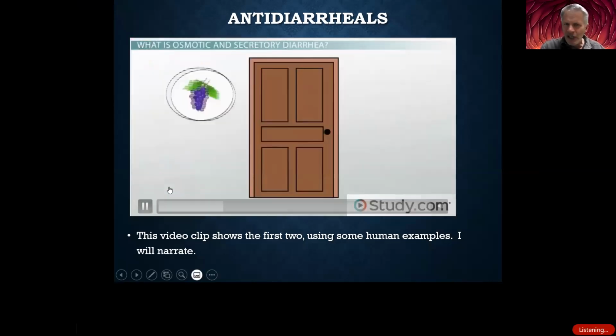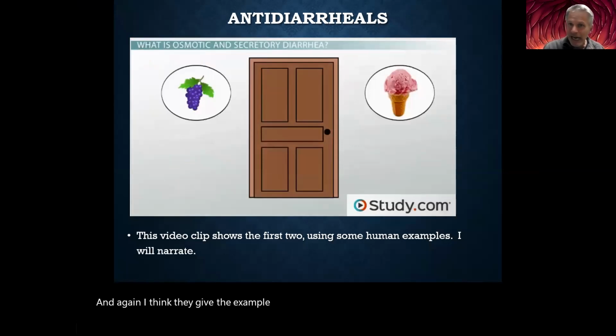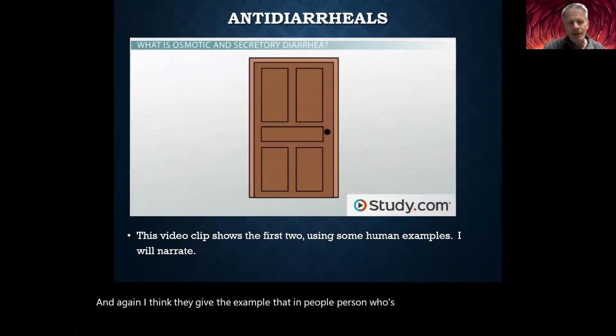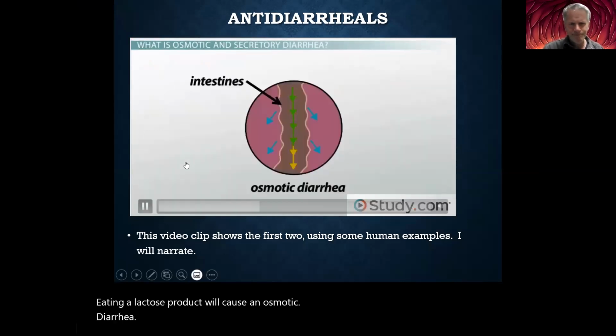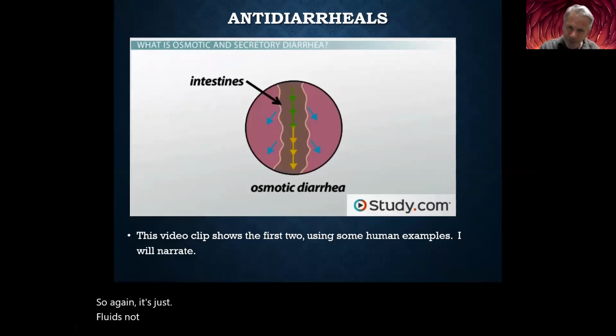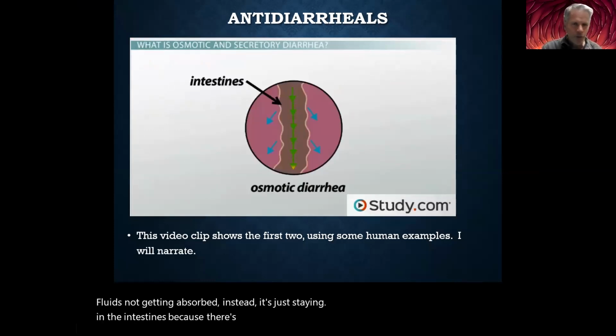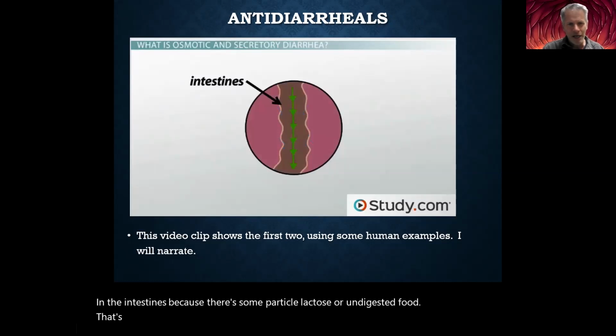And again, I think they give the example that in people, a person who's lactose intolerant, eating a lactose product will cause an osmotic diarrhea. So again, there's just fluids not getting absorbed. Instead, it's just staying in the intestines because there's some particle, lactose or undigested food, that's attracting water into the intestines. So that's osmotic.